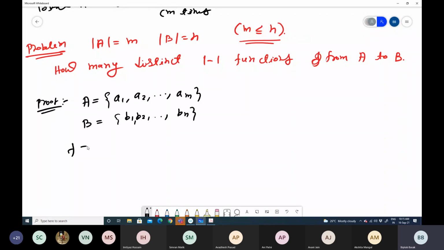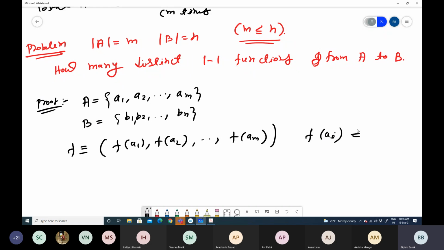Now again, f is equivalent to this: f of a_1, f of a_2, ..., f of a_m, right? But here we have an ordering: f of a_i is not equal to f of a_j for i not equal to j, and f of a_i belongs to the set {b_1, ..., b_n}.